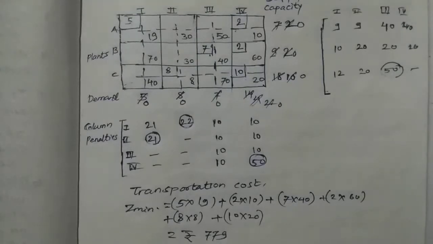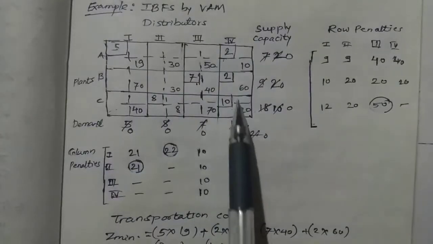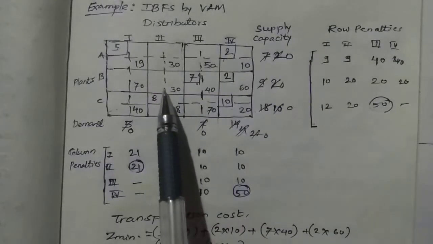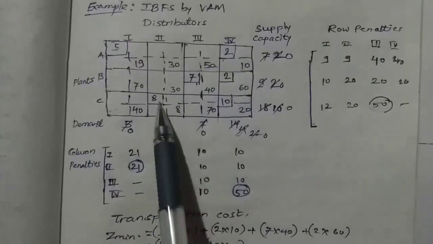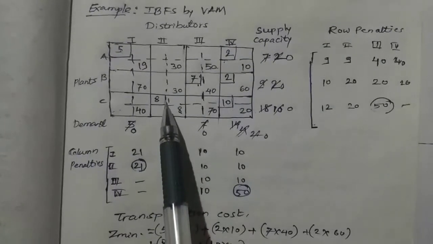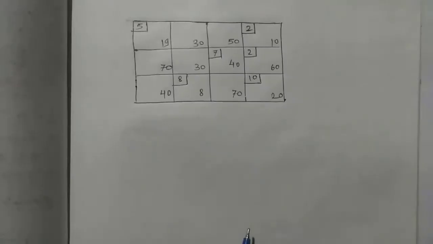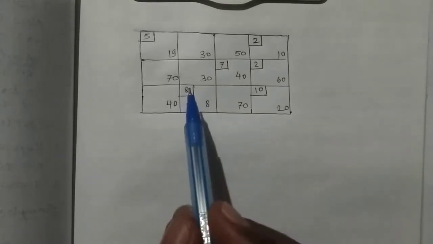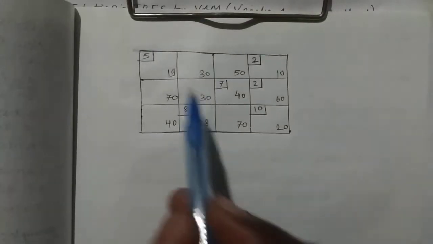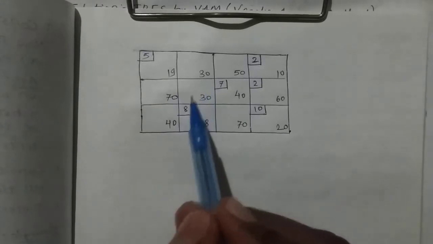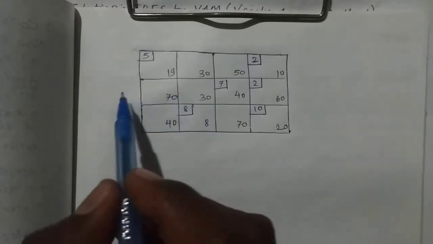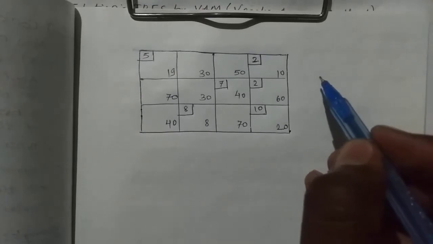So now let us apply the Modi method to check for optimality, and if the solution is suboptimal, then we will improve it. Now to apply Modi method, let us write this table with respect to the costs and allocations. So in the next table we will write only allocations and costs only. Now we have written this table with the costs and allocations. So let us check first the degeneracy.